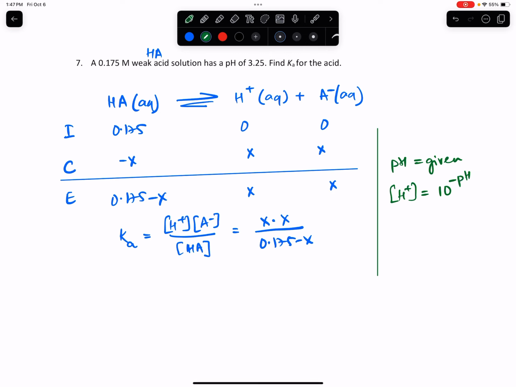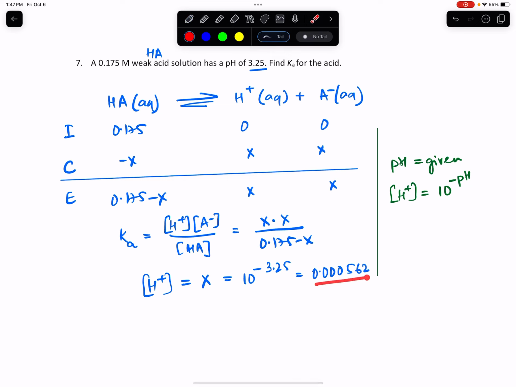So since the pH is 3.25, the H plus ion concentration, which is the same as X, is equal to 10 raised to negative 3.25, and that gives us 0.000562.